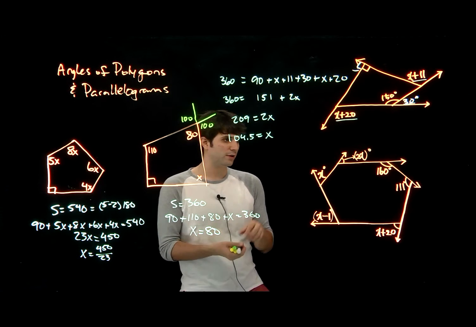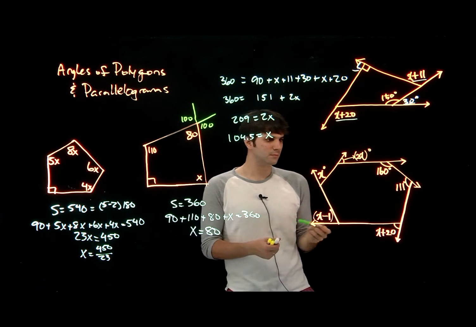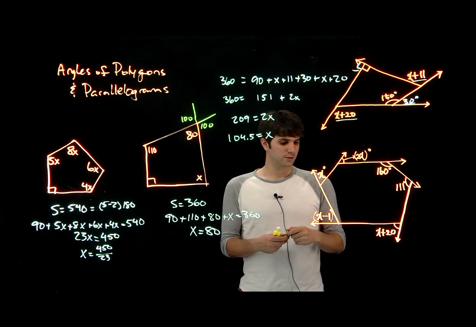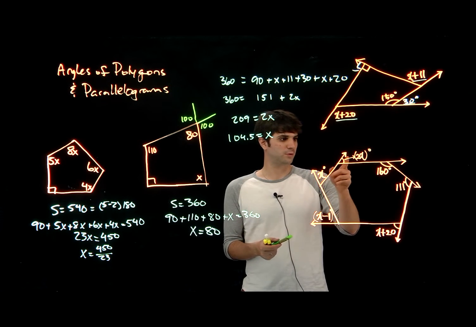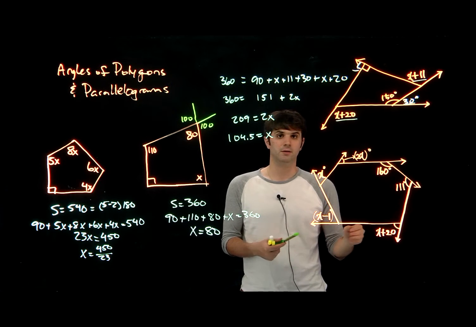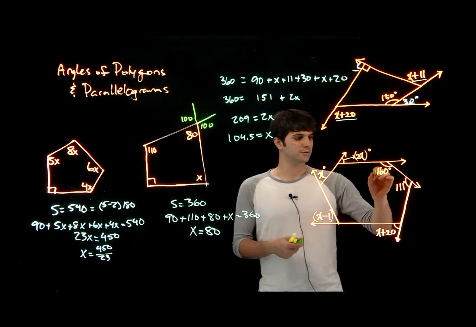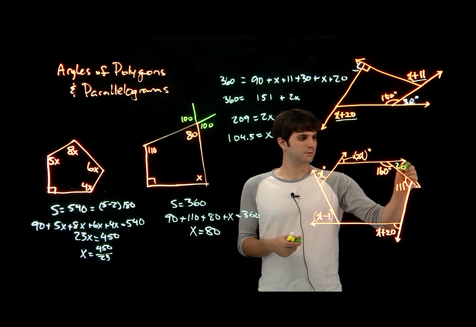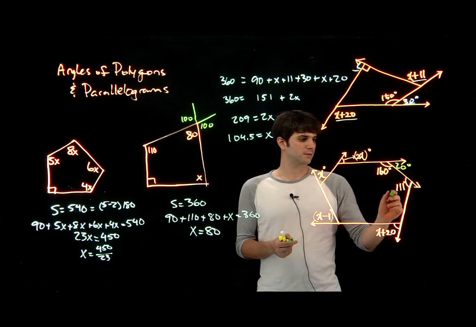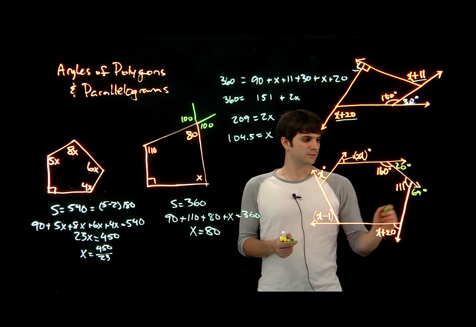So moving on to this last problem then. Same sort of thing. We have to figure out our exterior angles. So we have this one, this one, this one, we have an interior angle here and here, and then an exterior angle here. So we have to figure out the exterior angles. This is going to be 20 degrees, and this is going to be, it looks like 69 degrees.